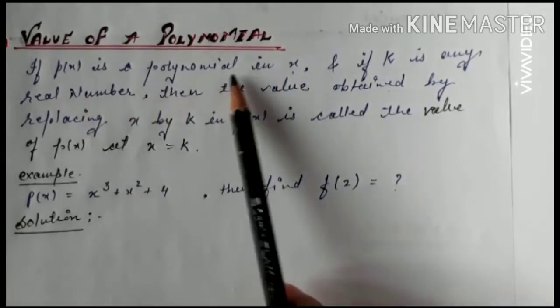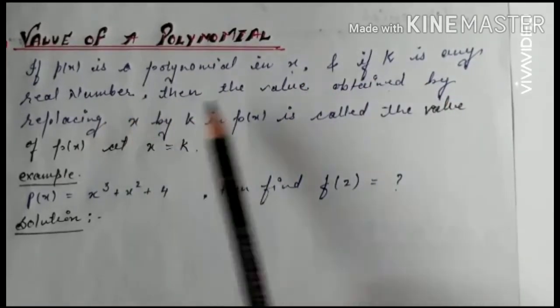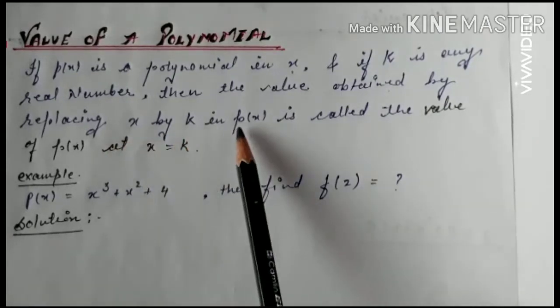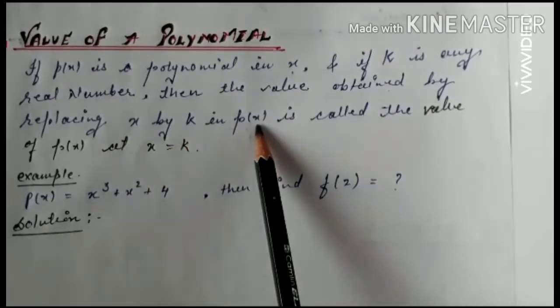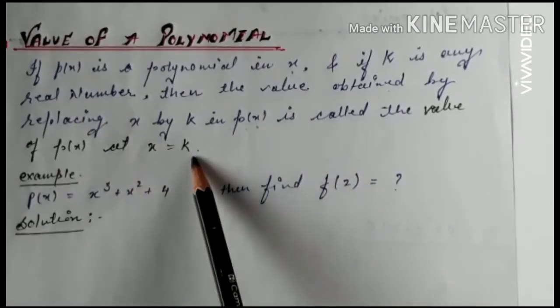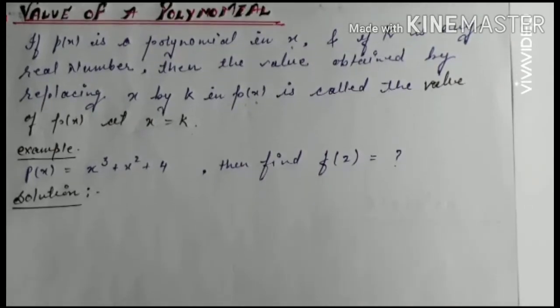If p(x) is a polynomial in x and k is any real number, then the value obtained by replacing x by k in p(x) is called the value of the polynomial at x equal to k. This is a type of definition, but we will understand it with the help of a question.